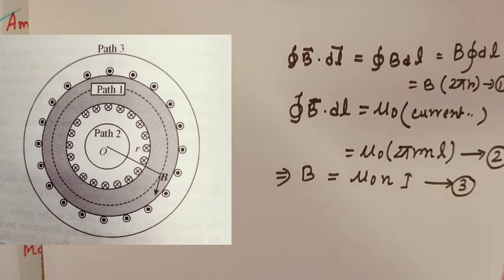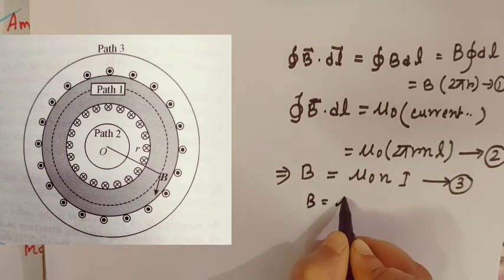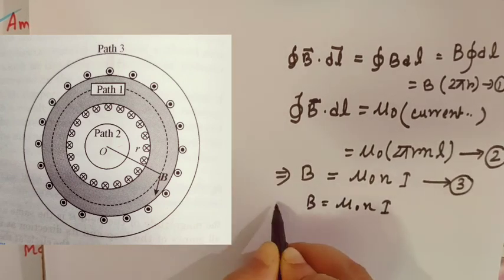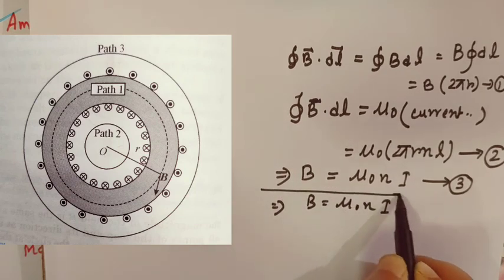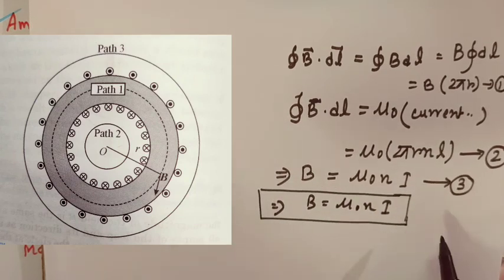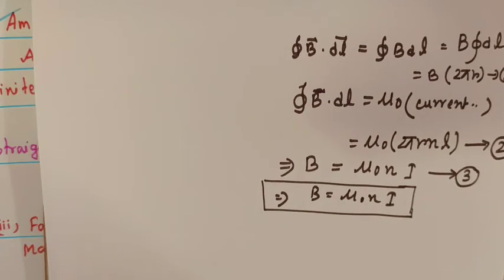We can imagine a straight solenoid to be a piece of a toroid of infinite radius. Since the magnetic field of a toroid does not depend on the radius, we have from equation 3 that B is equal to mu naught n I. The direction of the field is along the axis of the solenoid. So this is the expression for the magnetic field in the case of a solenoid.